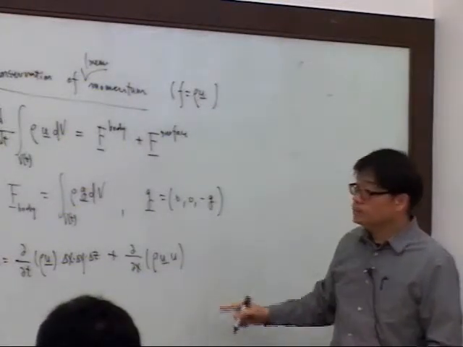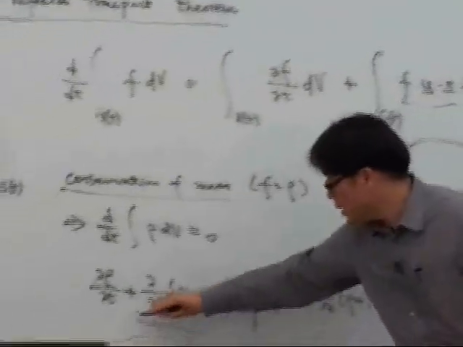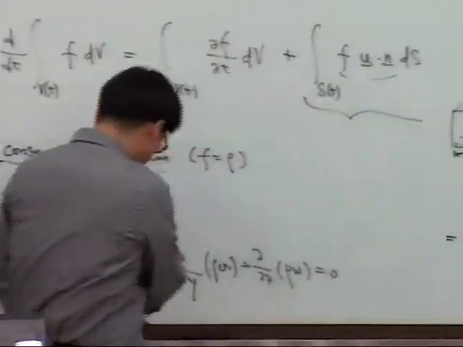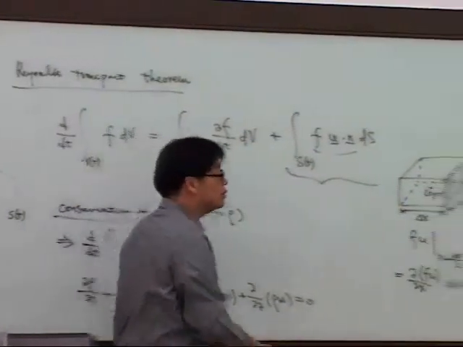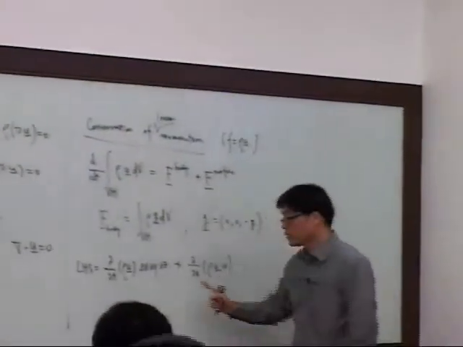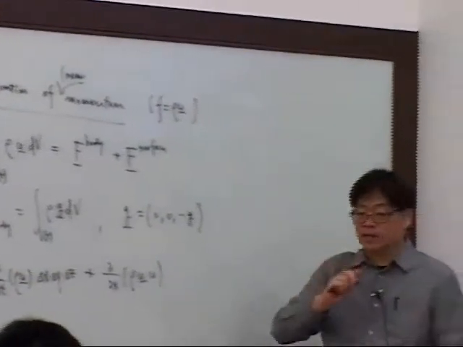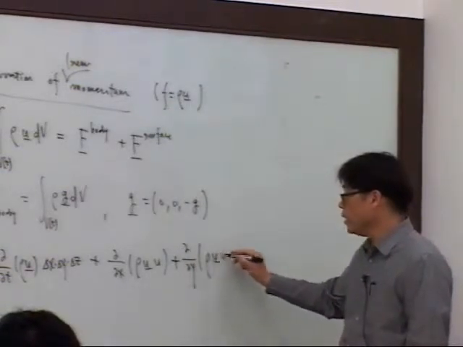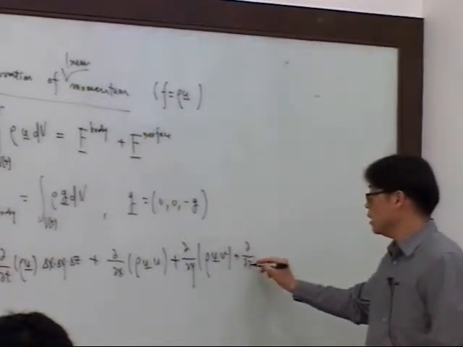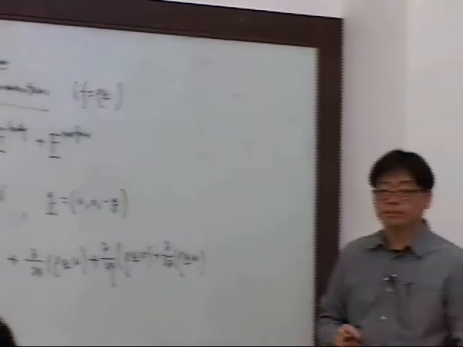So look at this guy and that guy. Here I have rho, over there I have rho times U. But this is a vector because I have three linear momentum components in x, y, and z. So I have d dy of rho u v and d dz of rho u w.